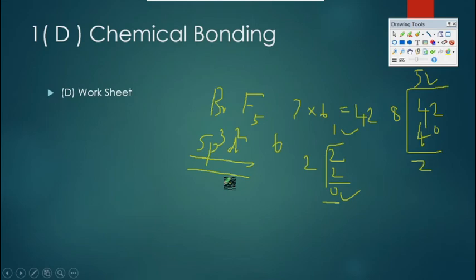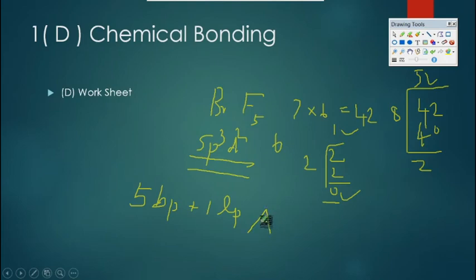In the last discussion, we learned how to combine VSEPR theory with hybridization. The same thing we can do here. sp3d2, 6 hybrid orbitals, we know very well, 5 bonded pairs plus 1 lone pair.